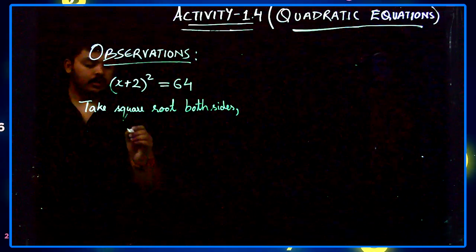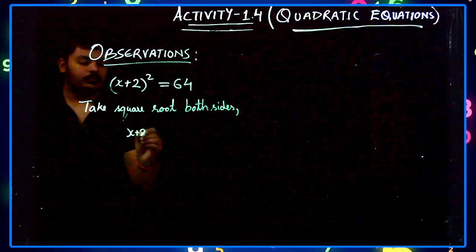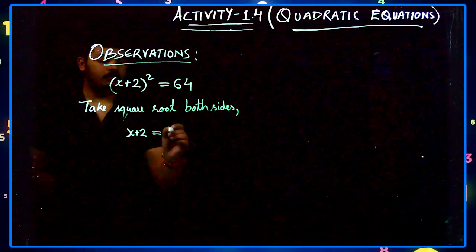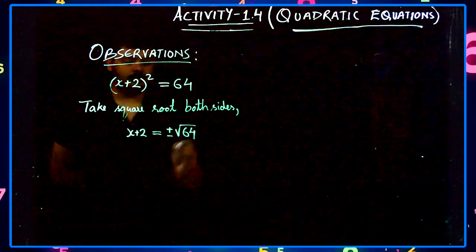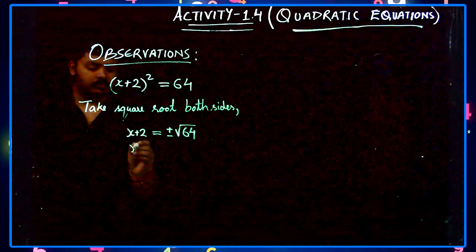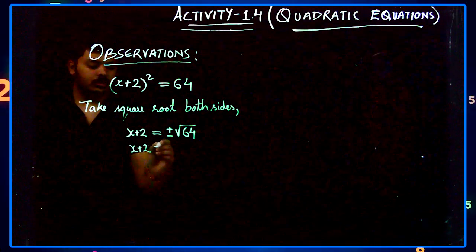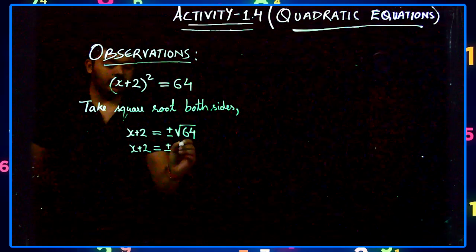So we get x plus 2 equals to plus minus under root 64. So we get x plus 2 equals to plus minus 8.